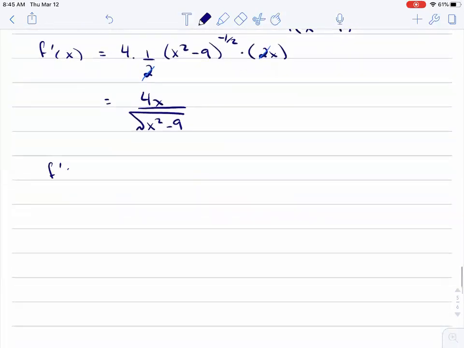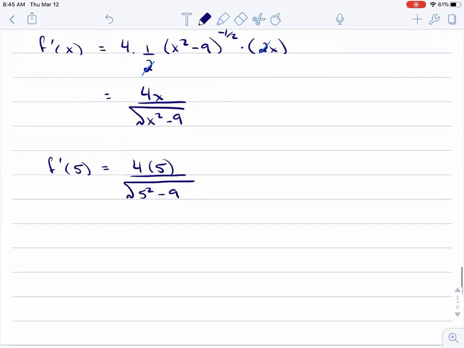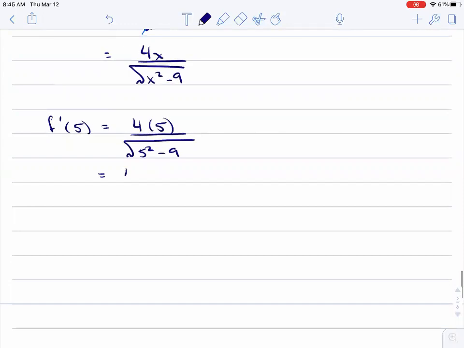So we want f prime at 5, which is 4 times 5 over the root of 5 squared minus 9, which I'm going to keep as 4 times 5 for a little bit longer, over the square root of 16, over 4.